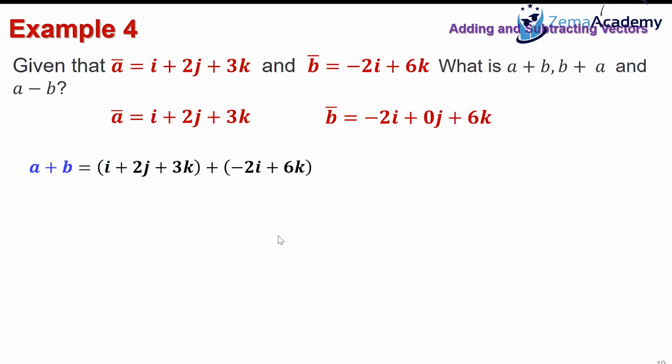Now following on this, we can simply add the two vectors the way I have explained earlier: all you need to do is add the same directional components together. For example, the x directional components of both vectors will add up, the y directional components will add up together, and the z directional components will add up together. This is how you do the addition.